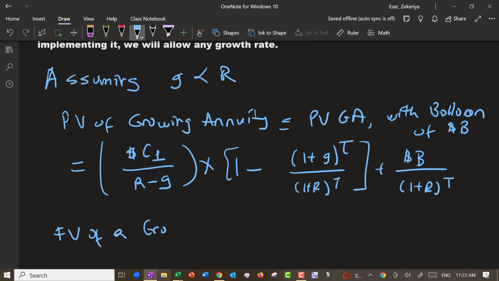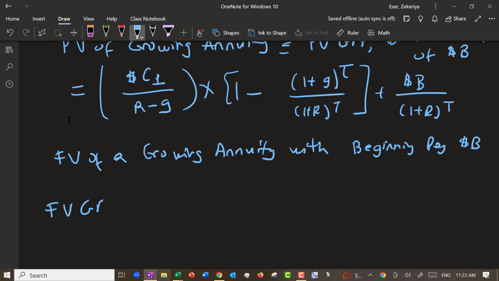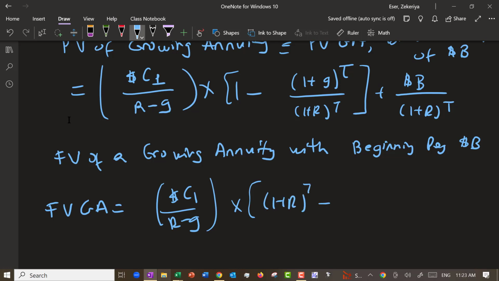Future value of a growing annuity with beginning payment, I'm going to call that FVGA, is going to equal C1 over R minus G times 1 plus R raised to the power T minus 1 plus G raised to the power T, plus the balloon term.